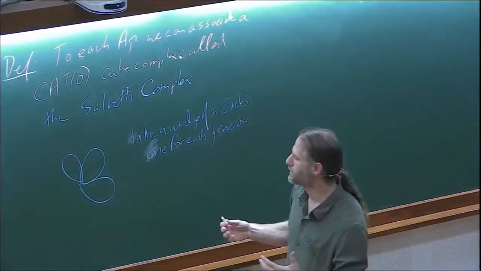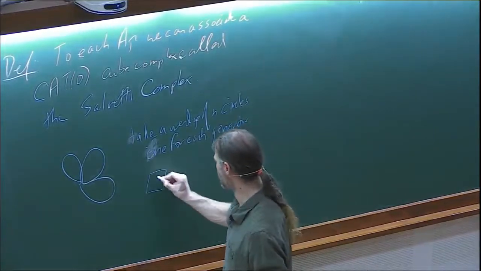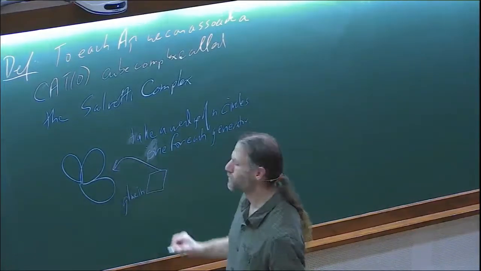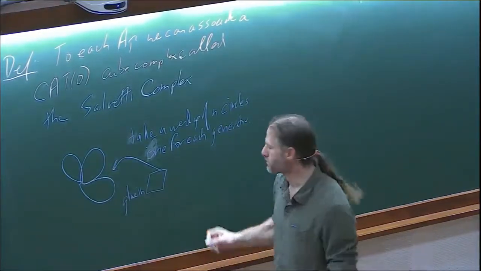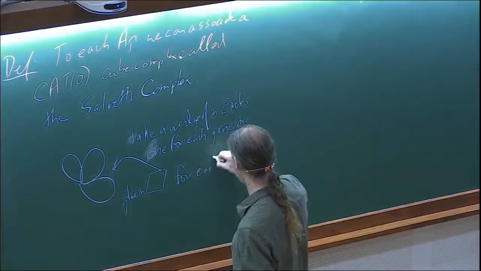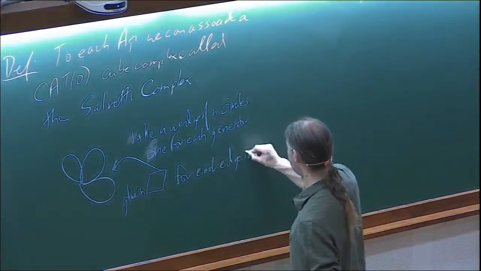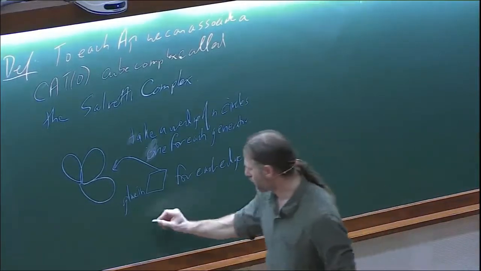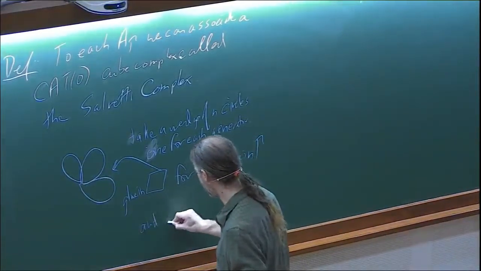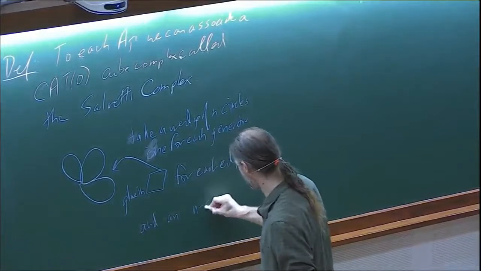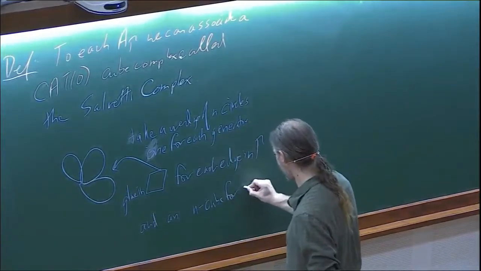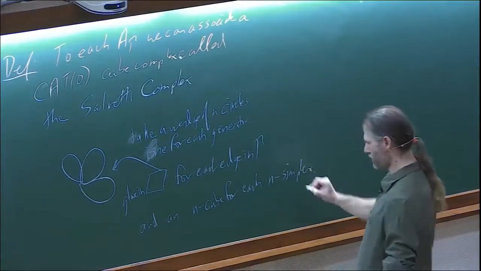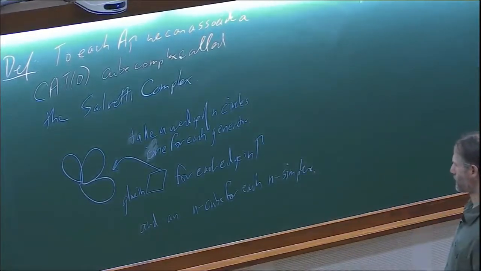I glue in a square for each commutation relation, for each edge in the graph gamma, and more generally an n-cube for each n-simplex, and maybe that's n minus 1 or n plus 1. Does that work?